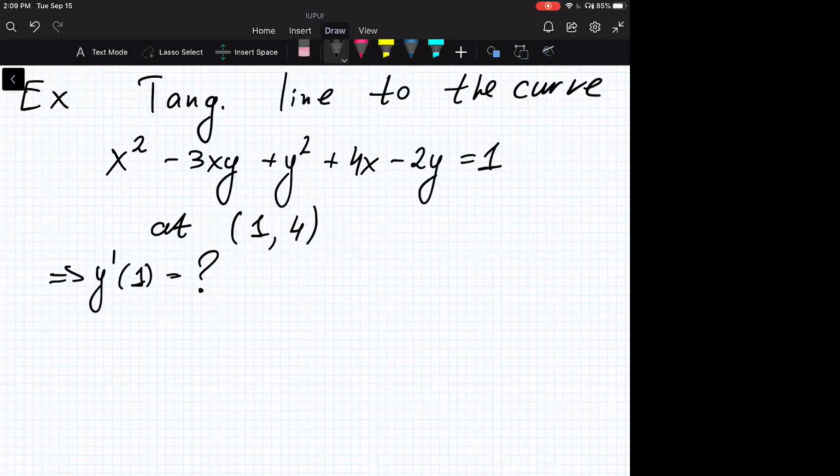And again, we have a kind of quadratic equation for y, and it's not linear because we have 3x times y, and that means that it is, again, impossible to express y in terms of x, so we have only one way, implicit differentiation.